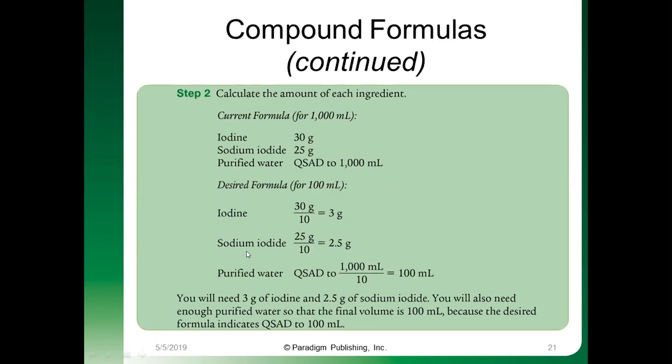And the sodium iodine, you have 25 grams divided by 10 is equal to 2.5 grams. And then the purified water, 1,000 divided by 10 will give you the quantity sufficient of 100 ml. So you will need to add 3 grams of iodine, 2.5 grams of sodium iodine. You will also need enough purified water so that the final volume is 100 ml, because the desired volume indicates that it's a quantity sufficient to make 100 ml.